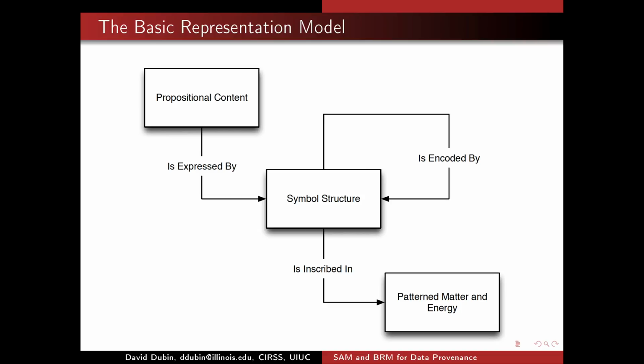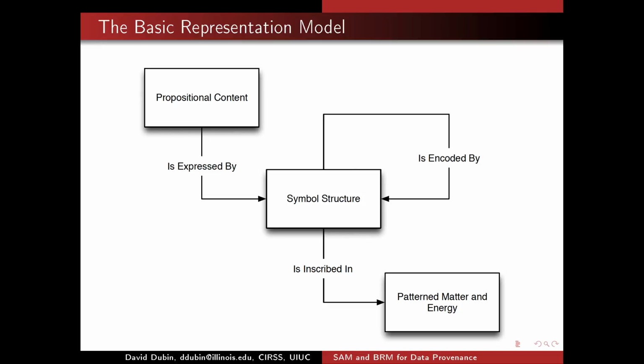Then any number of layers of symbol structure connected by encoding relations. So this would be, for example, let's say an RDF description as the primary symbol structure, and then an XML infoset as the next layer of encoding, and let's say a Unicode text file as the layer below that.